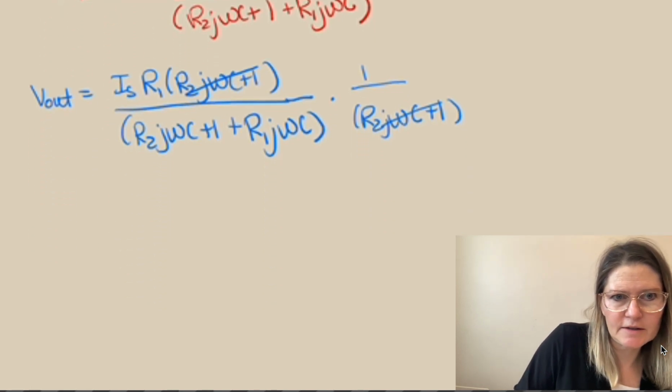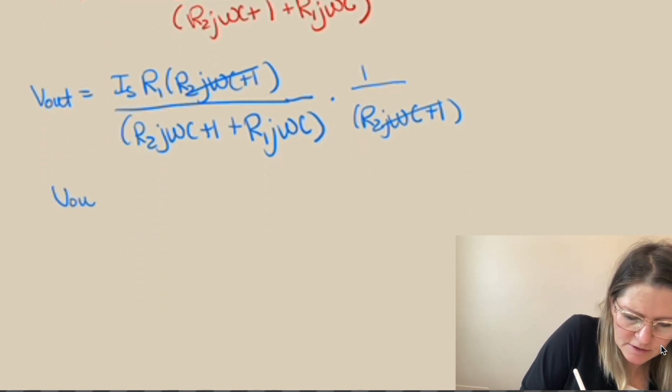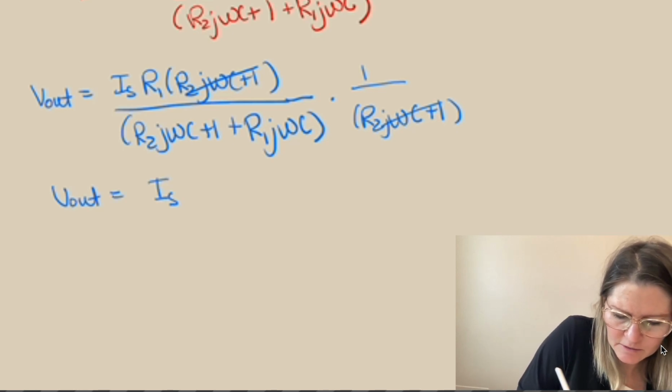So we can rewrite this as V out is equal to Is.